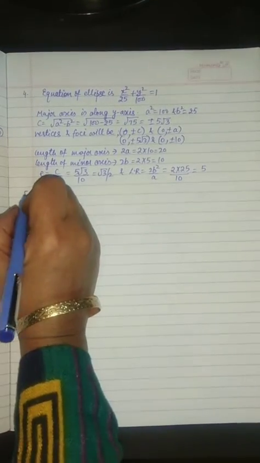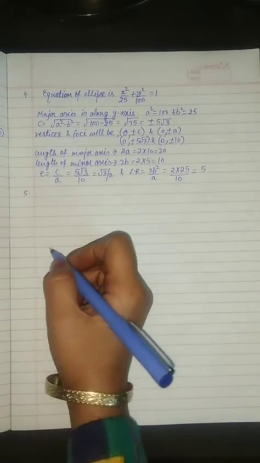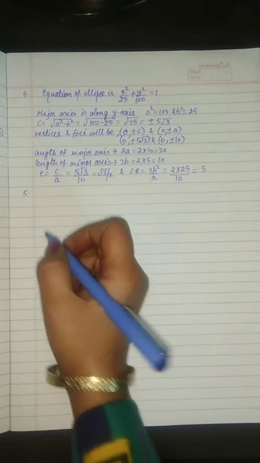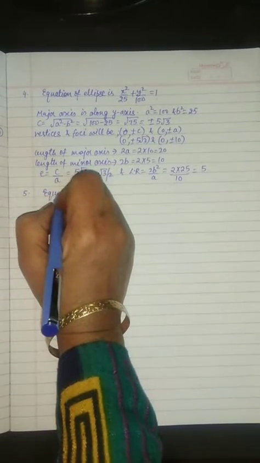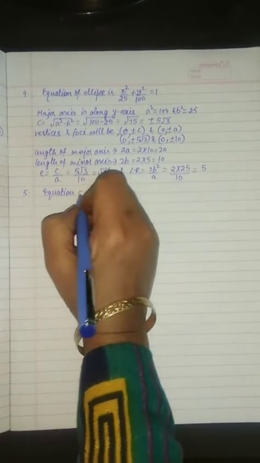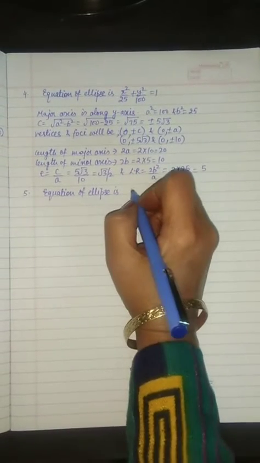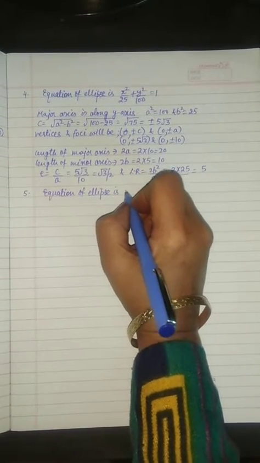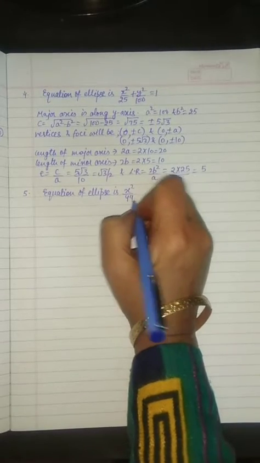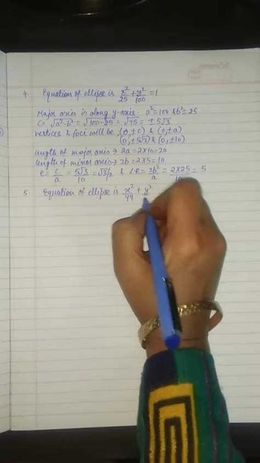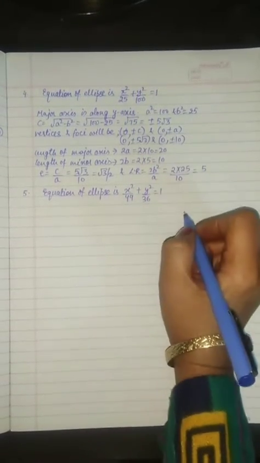Now question number 5. In question number 5, we have equation of ellipse. Equation of ellipse is x square upon 49 plus y square upon 36 is equal to 1.